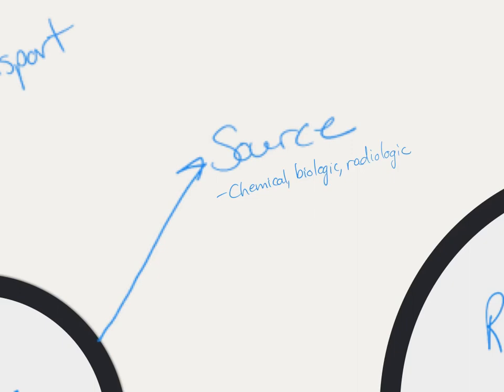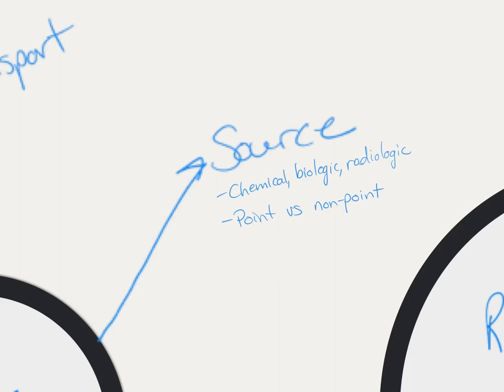We also classify contaminants as coming from either point or non-point sources. A point source is a single main contributor to that contamination in the environment. So, for example, many power plants are known for their smokestacks, just belching smoke into the air continuously.